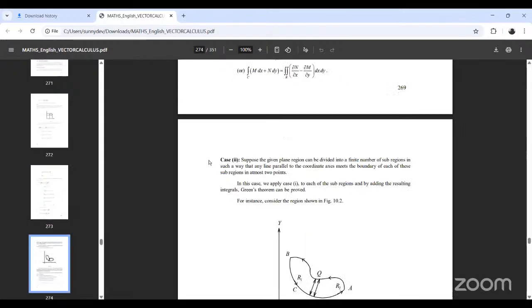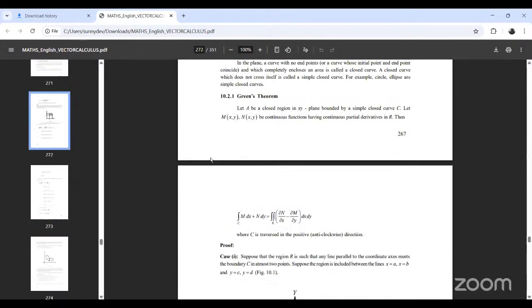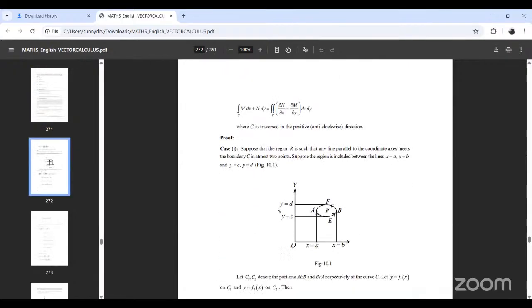Now this is the proof, and in the examination they will ask for the proof also. So this is the region, the surface.